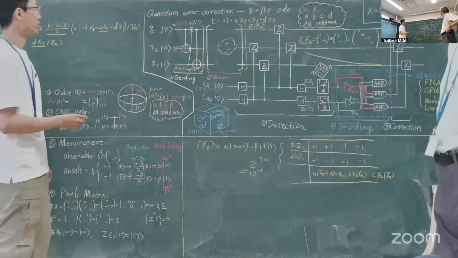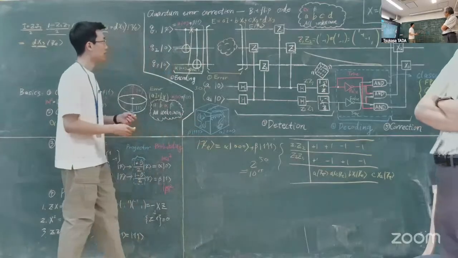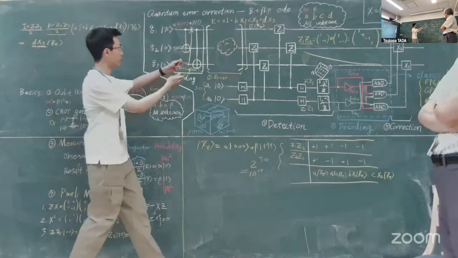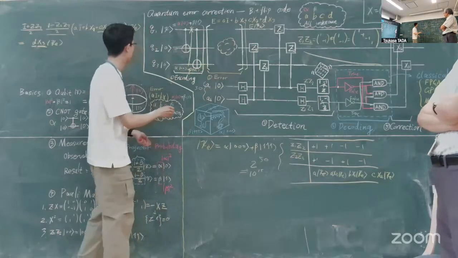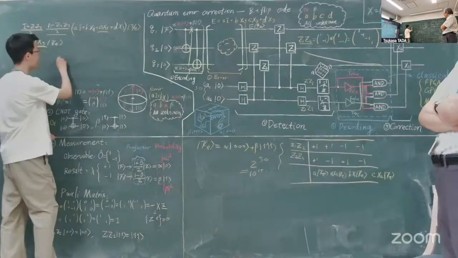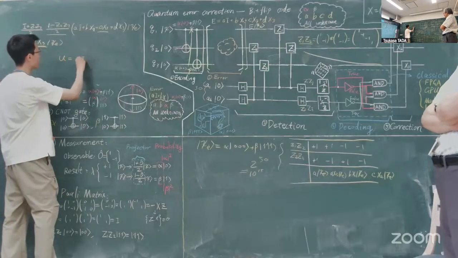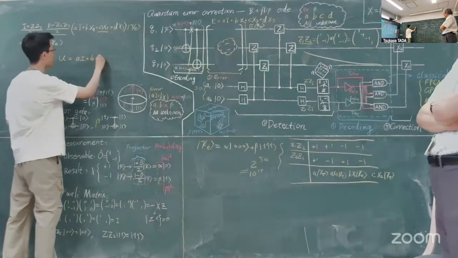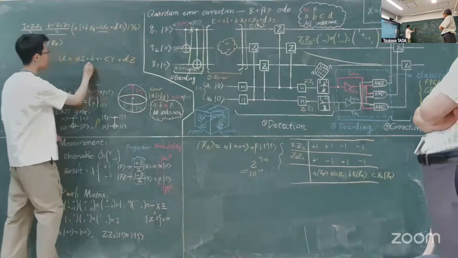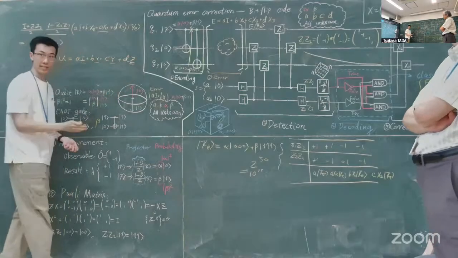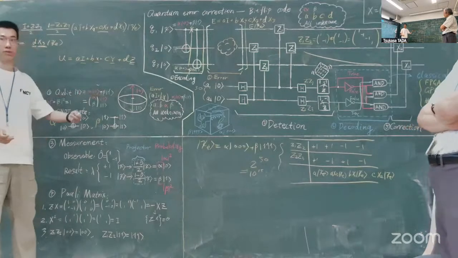Yeah, that's a very good question. For example, in general, for a quantum operation, you can assume that this operation is just a unitary operation. And usually the single qubit unitary operation can be decomposed as A I plus B X plus C Y plus D Z. These are just the 4 bases of the single qubit operation, and A, B, C, D can be arbitrary coefficients.